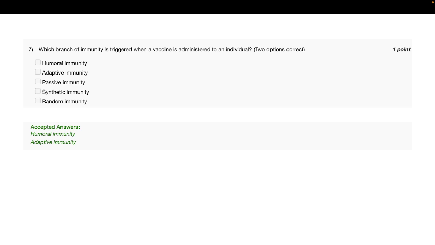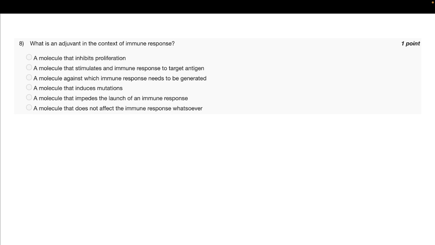Let's look at the next question then. The next is, what is an adjuvant in the context of immune response? And these are your options. If you have read through the material, you might be able to answer this. Any volunteers? A and the last one.